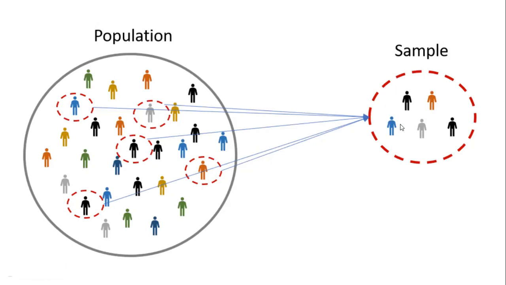There are a lot of sampling techniques which we use to take the sample out of the population, like which sampling technique I want to use to take out the sample to do my research. We'll talk about that also. But for now, we will simply understand what is population and what is sample. A sample is a subset of the population, and the population is the whole we are talking about, right?